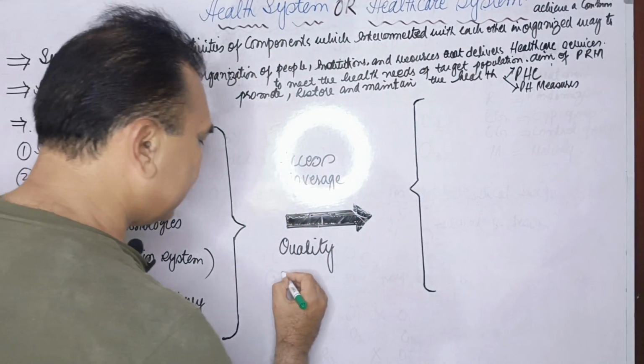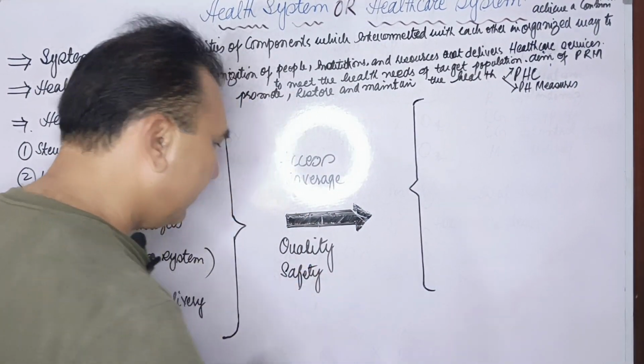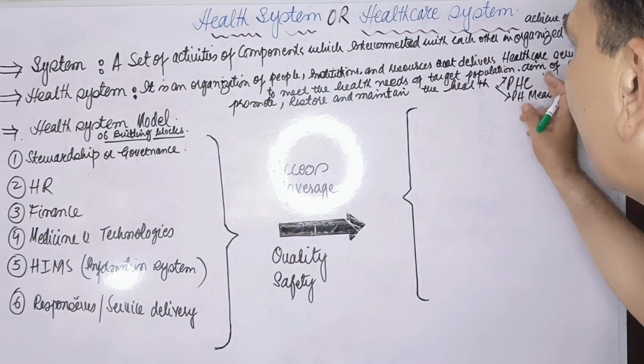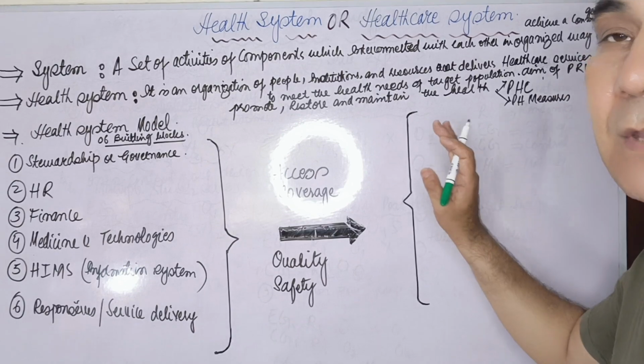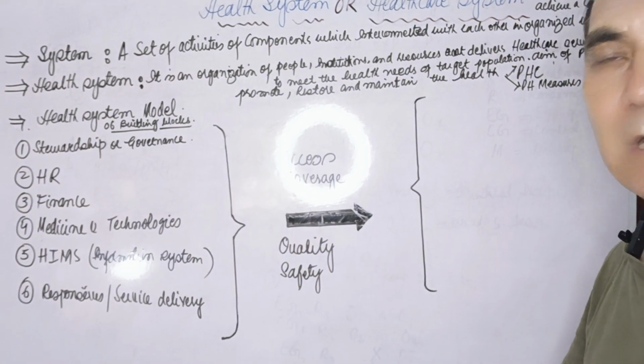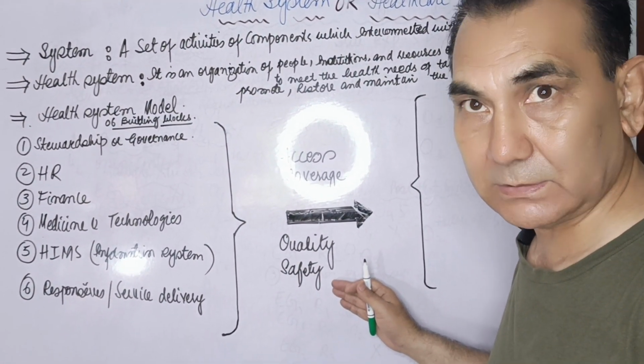And the second one is safety. It will enhance the safety of the people, the target population, the safety of their health. When the quality of the services is good, then definitely the safety will be enhanced.